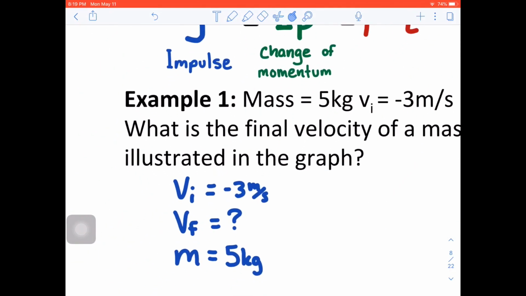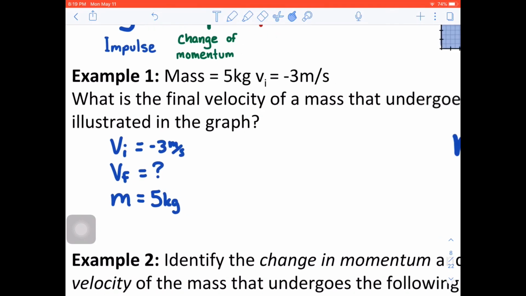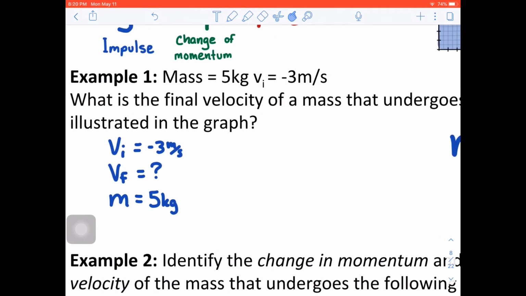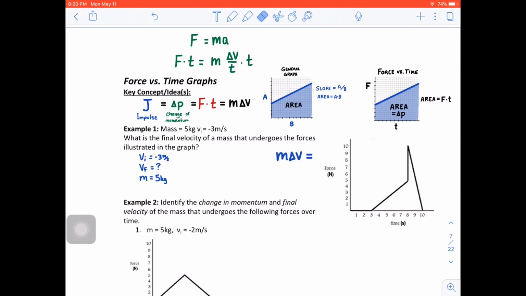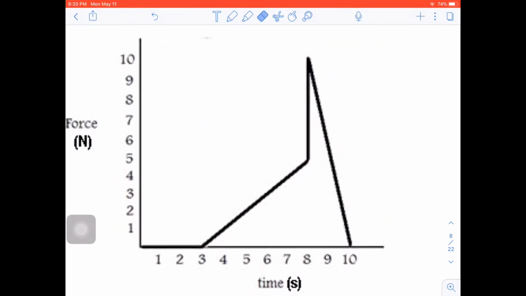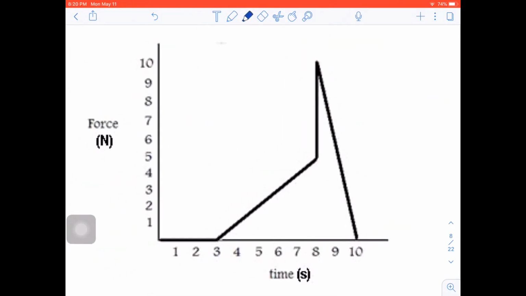Alright, now we can do some sample problems. Example 1: a 5 kilogram object with initial velocity of negative 3 meters per second undergoes the forces in this graph. What is the final velocity afterwards? Okay, this graph looks like a combination of two triangles. Here's the first one in blue. It looks like we've got a base of 5 and a height of 5 as well.